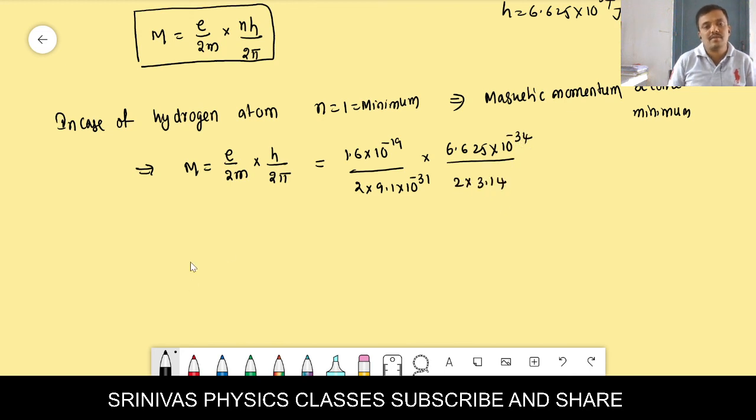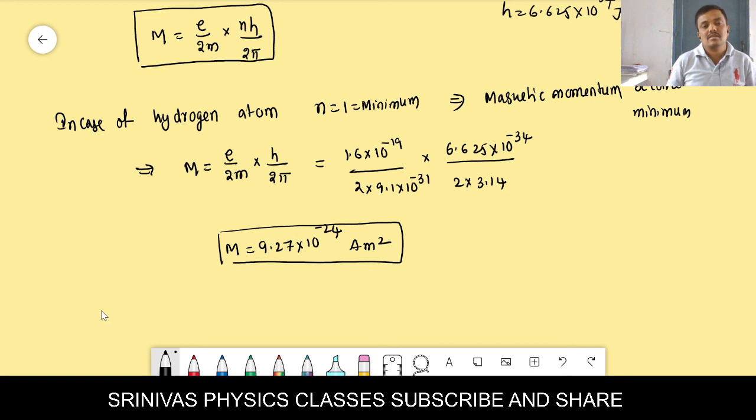If you simplify this, you will get the magnetic moment 9.27 into 10 to the power of minus 24 ampere meter square. What is this? This is the minimum value of magnetic moment, because this is in case of hydrogen atom. In case of hydrogen atom, only one orbit is there. That's why n is minimum. When n is minimum, then the magnetic moment is also minimum.